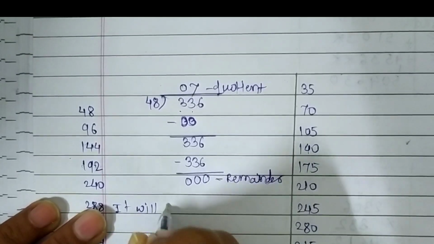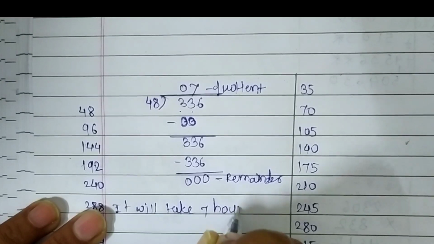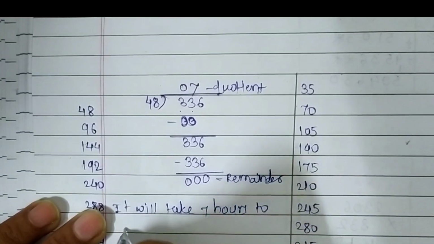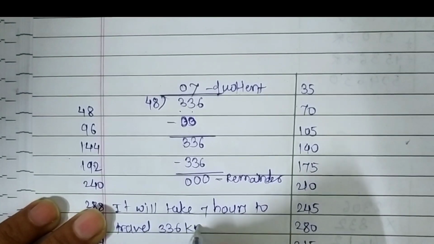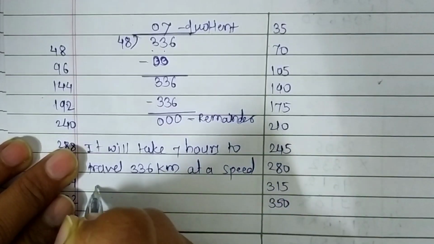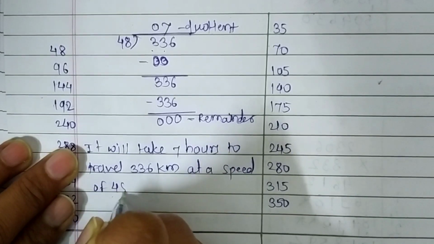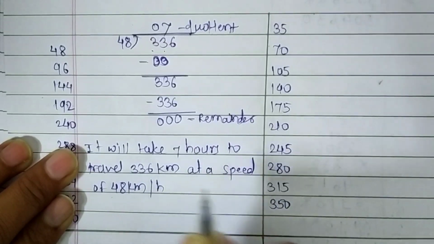It will take 7 hours to travel 336 km at a speed of 48 km per hour.